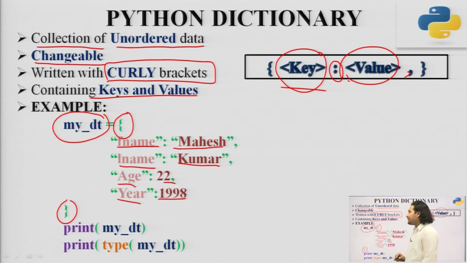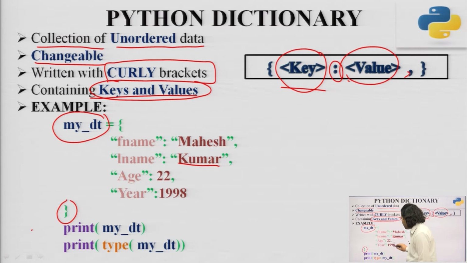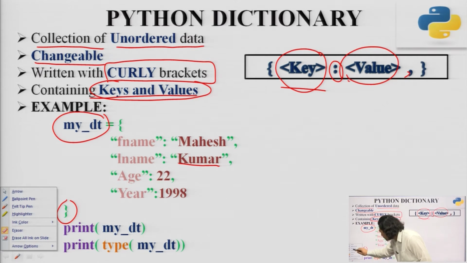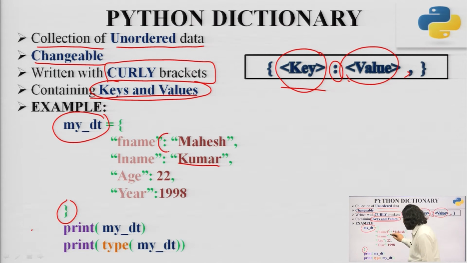These elements are taken in the form of key value pairs. You need to understand that the key and value are separated by a colon. That means the colon separates that this is the key and this is the value. The comma separates the next pair of key and value. So, there are 4 key value pairs in my dt variable.